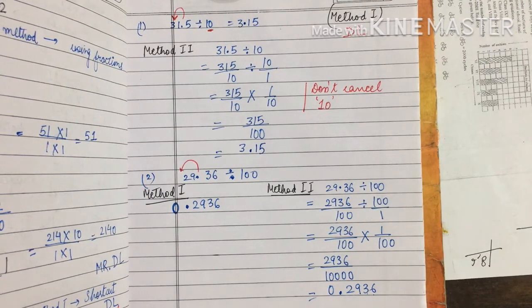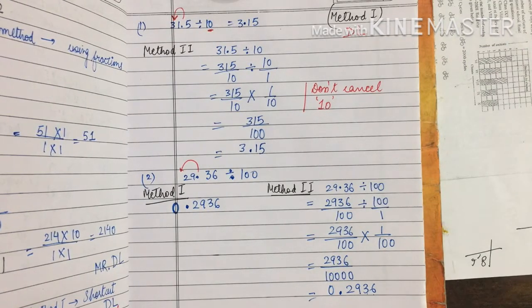Direct division can only be used when the first number, the dividend, is a decimal number. The second number, which is your divisor, is a whole number. Direct division will not work in any other case. The second condition to use direct division is that the remainder should be 0. If you do not obtain 0 in the remainder, then direct division doesn't work.